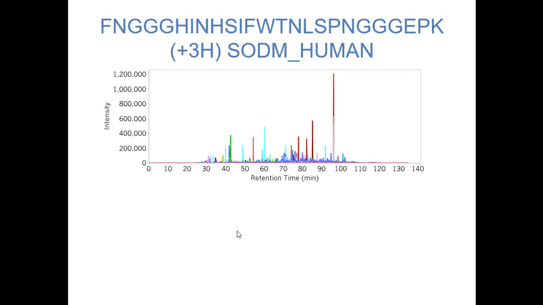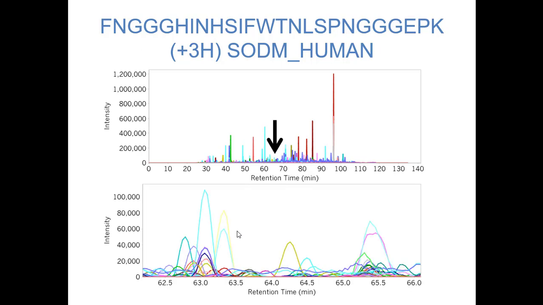But here is another peptide from exactly that same protein, superoxide dismutase, and this one's a little bit harder. I'm going to zoom into this one region over here. This is the trace, right? It looks like there's a peptide here or a peptide here. I want a show of hands. What do you guys think?